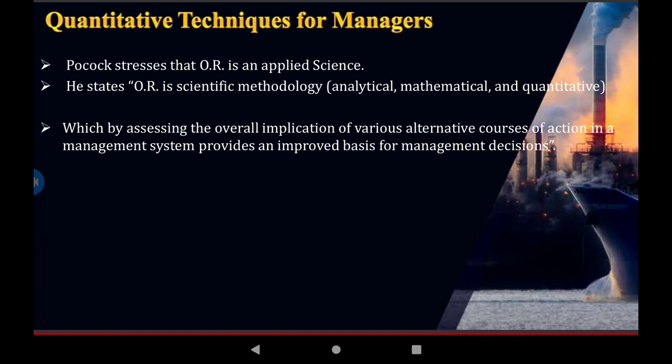These are used for analytical study in operation research, which is an applied science.